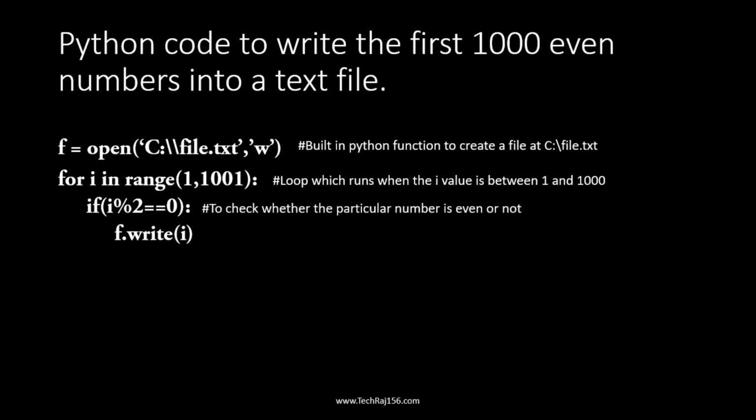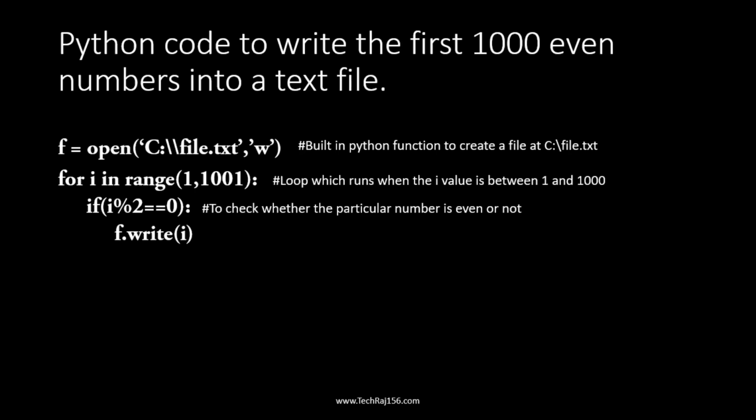The third line is actually a logic to check whether the particular number is even or not. And if I read out the line, it's like if followed by open and closed parentheses, and inside these open and closed parentheses I have written I, and that symbol is called as mod in programming.